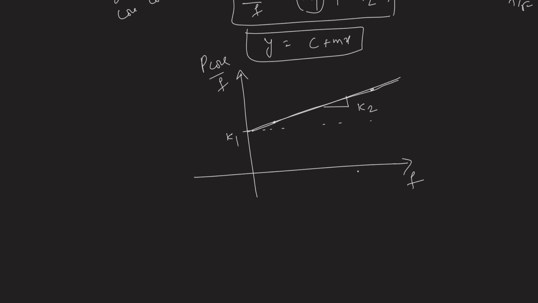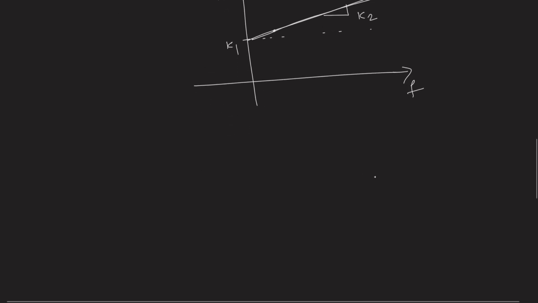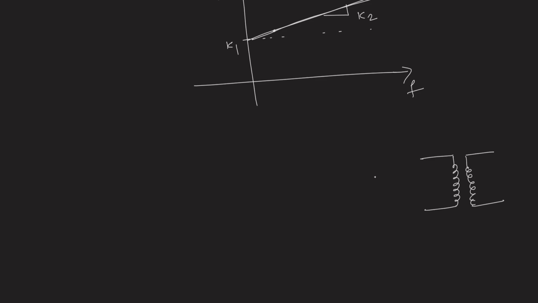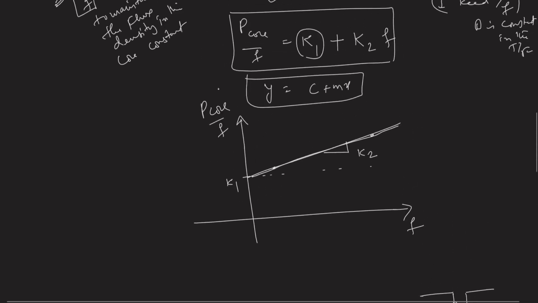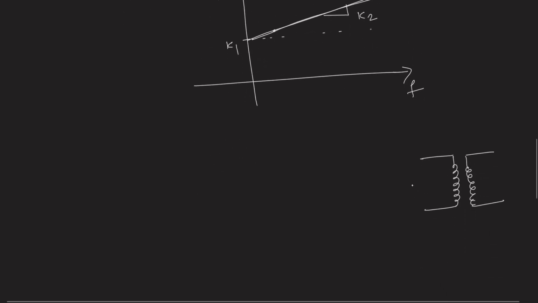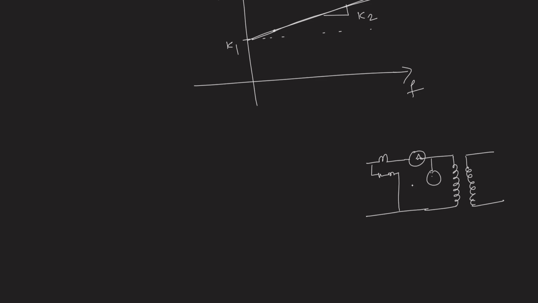So for this, what I have to do? I have to feed a transformer. I should know the core loss wattmeter component, so a wattmeter will be there, and an ammeter and voltmeter are also there.